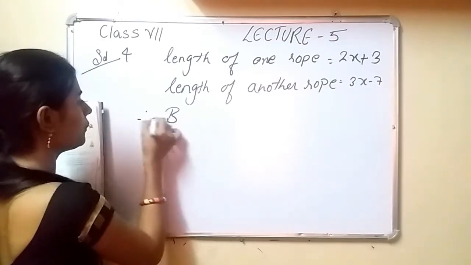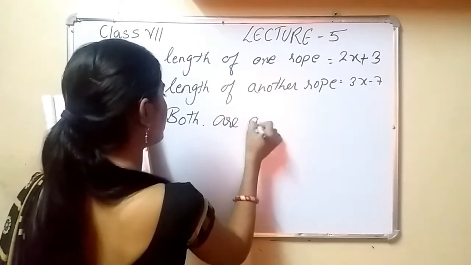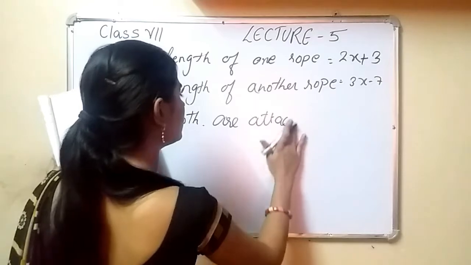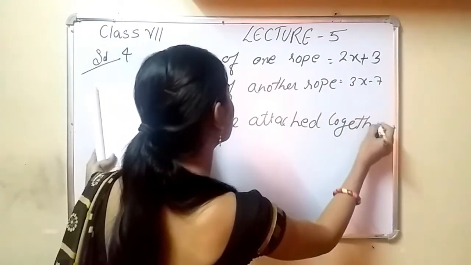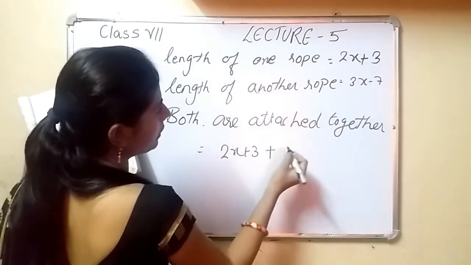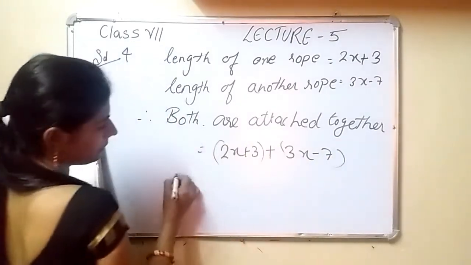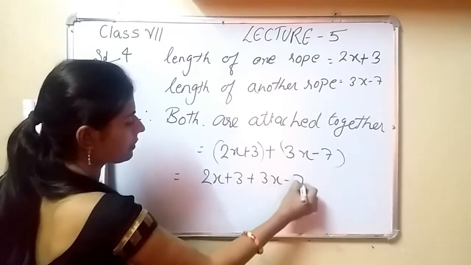Therefore both are attached together, which is equal to 2x plus 3 plus 3x minus 7.